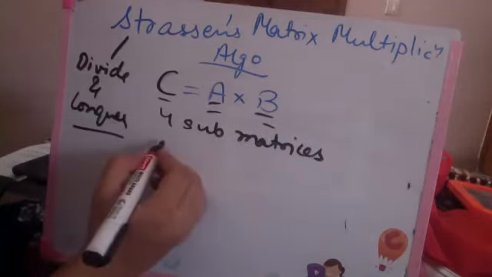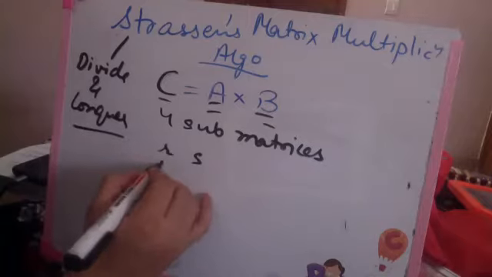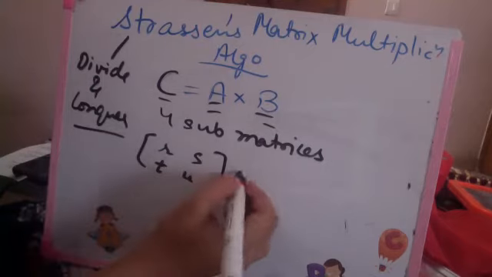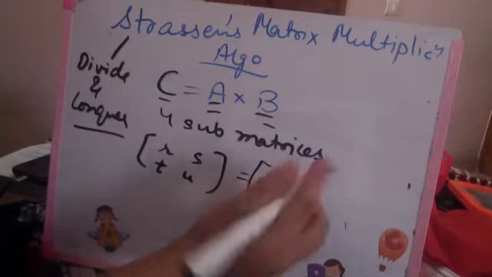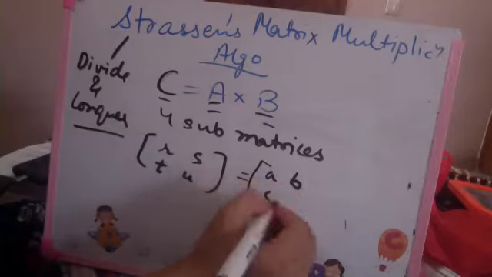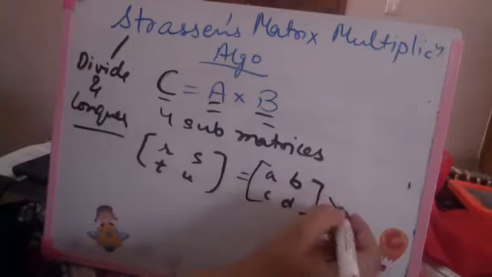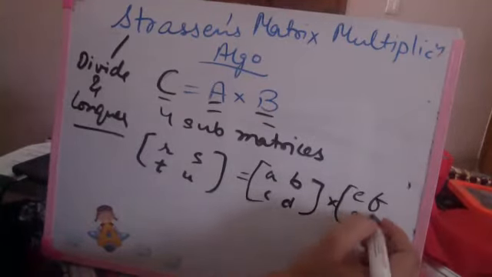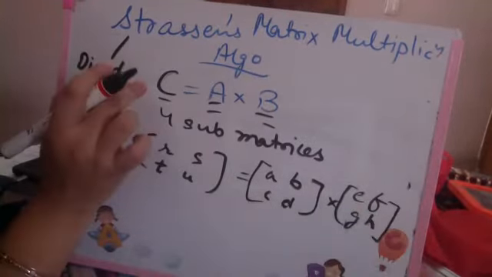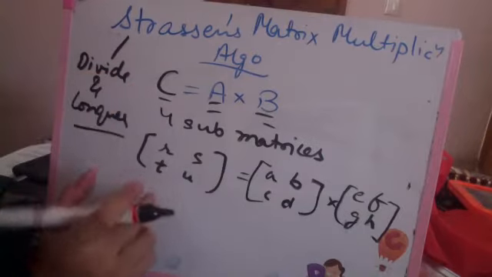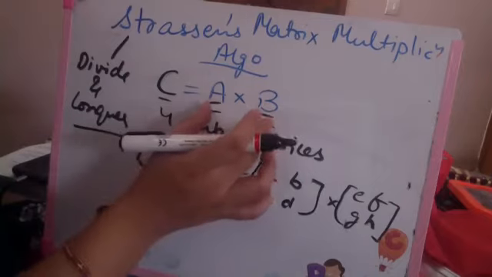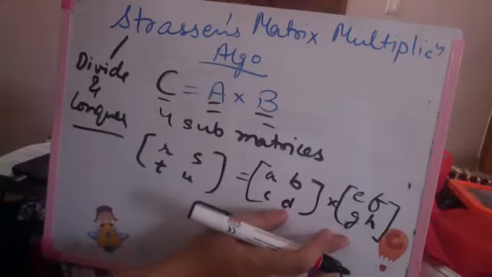So C becomes RSTU, where R, S, T, U are all 4 submatrices, which is equal to A, which I divide into A, B, C and D, times the other matrix, which I divide into E, F, G and H. So I am dividing the initial matrices into how many submatrices? The two matrices to be multiplied have been divided into 8 submatrices. Are you all able to get this?